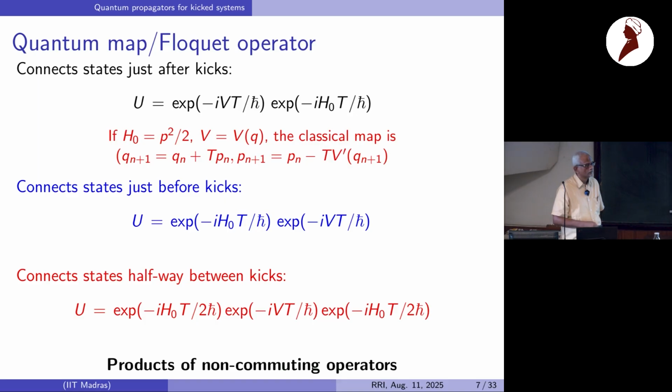So you see that there are two maps for classical Q and P. In the classical one, you are writing Q n plus 1 and P n plus 1 separately, right? Here with U, if you go back to the density, the Liouville equation, would you be able to write only one equation for the classical, you mean? Yeah.